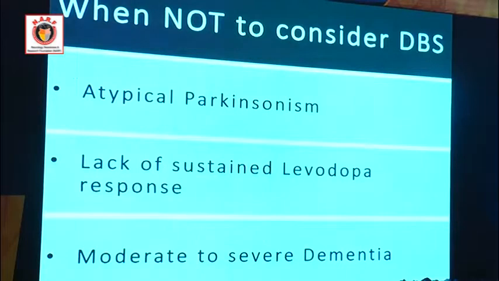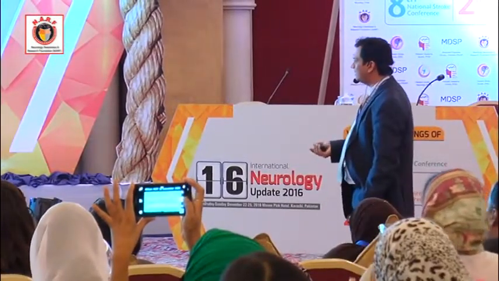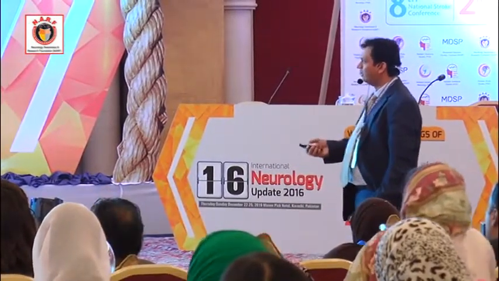So when not to consider DBS, here's a summary of everything again. Do not consider DBS in any suspicion of atypical Parkinsonism, or any lack of sustained levodopa response, because things that don't get better with levodopa will not get better with DBS. Also with any concern for dementia, typically moderate to severe dementia, but in our center, even with mild dementia, and even with MCI, mild cognitive impairment, we have to be very, very sure of the benefit before we will take the chance of doing the surgery because of the post-op complications.